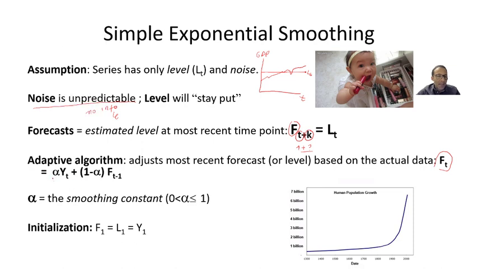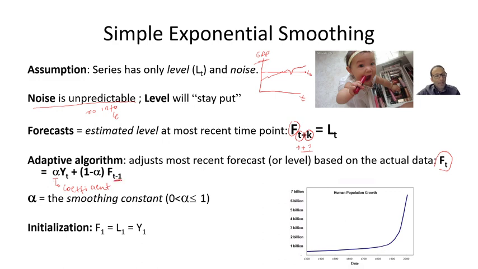Alpha is a coefficient, and y_t is the main variable that we are using, in this case GDP, in time t, plus 1 minus alpha. Can you see that we have alpha and 1 minus alpha? This is because it goes from 0 to 100%. We give a weight to y_t, and a weight to the forecast in the previous period, F_t minus 1.